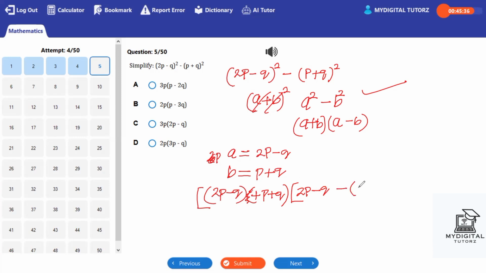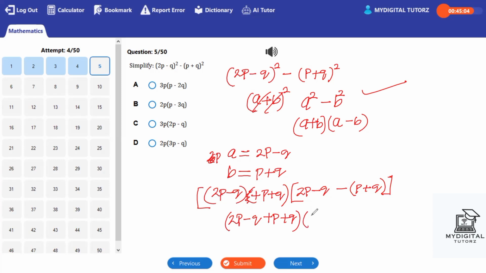You have to put bracket in order to simplify it better. If you do not put the minus, then your workings will be wrong. So let's see what we have here. This is 2p minus q plus p plus q. If it is plus, you don't need to put minus. So I'm going to have 2p minus q plus p plus q. Close the bracket.